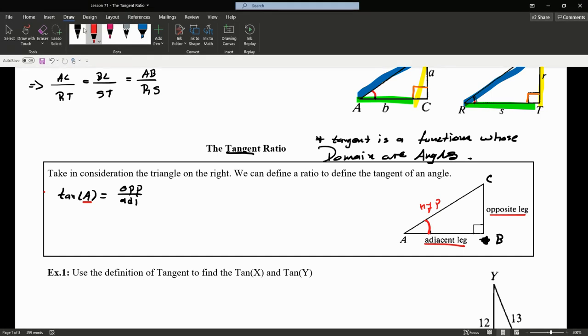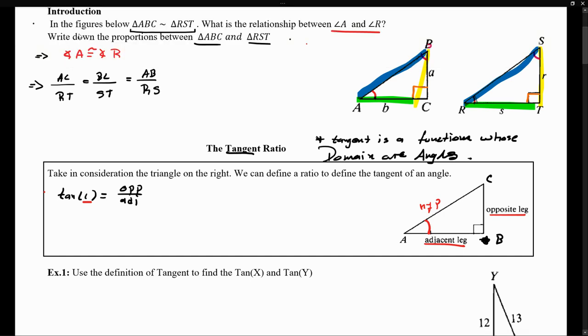So this is how we're going to be defining the tangent of an angle. But let's actually take the tangent of some angles in this right triangle. Let's try to find what happens when we plug in the tangent of A. If this is my A, then what is my opposite?